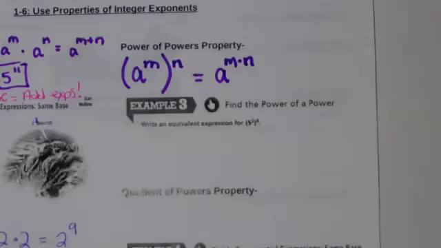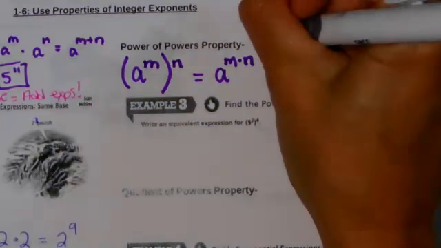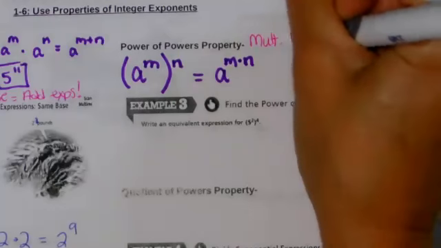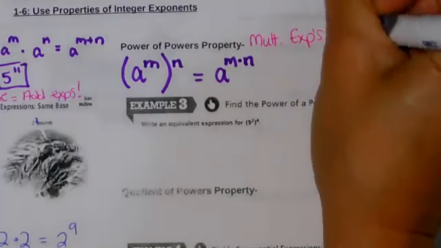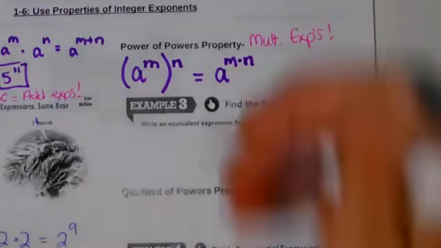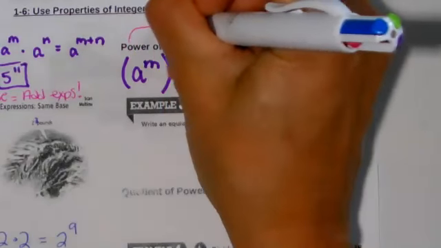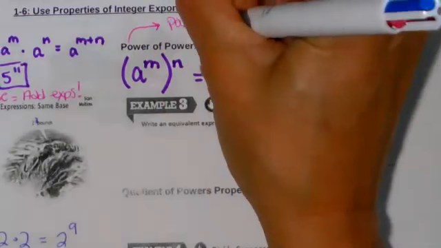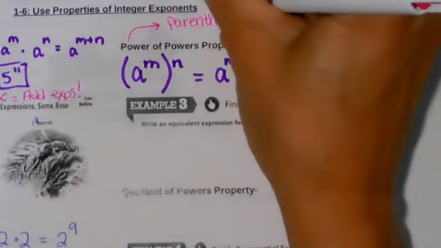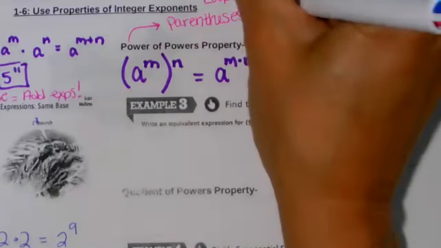And so power of powers property, the main point is that we are going to multiply exponents. Okay, and what we're looking for here is when we use this one, there will be parentheses. So we want to look for parentheses.